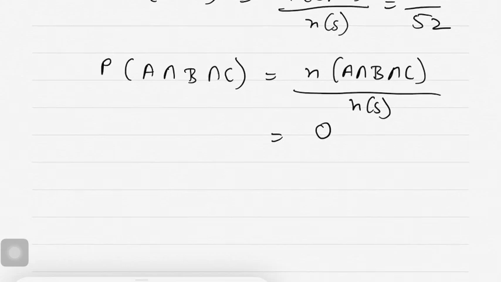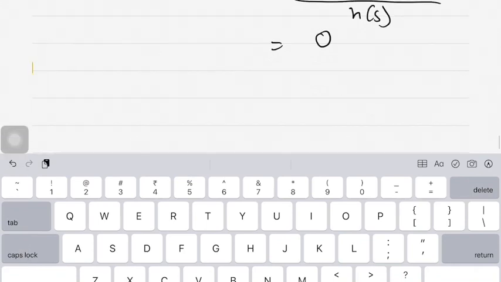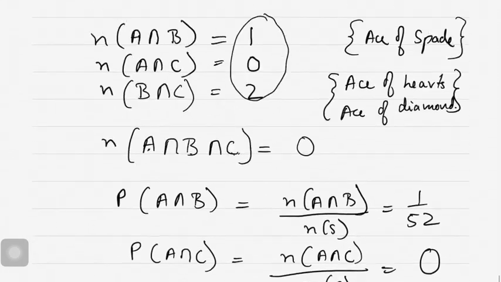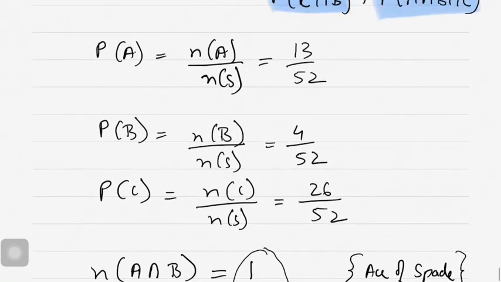The formula I have already written, so you need not write the same formula again and again. You can just start writing. P of A union B union C is equal to, what was P of A?